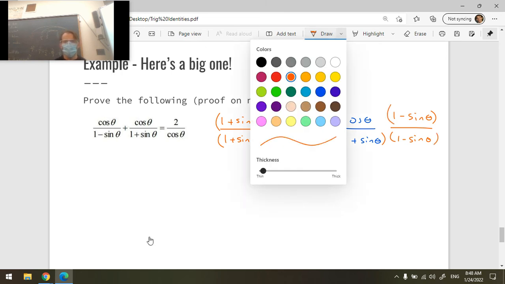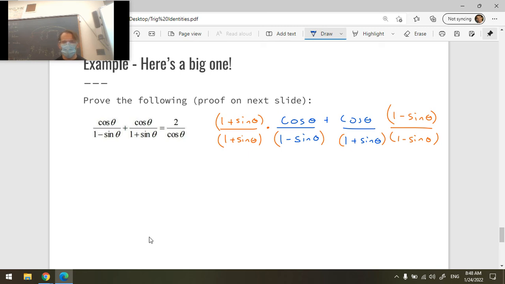Okay, now let's do these multiplications. So we're working on the left side here. Now this is equal to 1 plus sine theta times cosine theta. So that's cosine theta plus sine theta cosine theta. That is this cosine distributing to that term and that term, doing both multiplications.